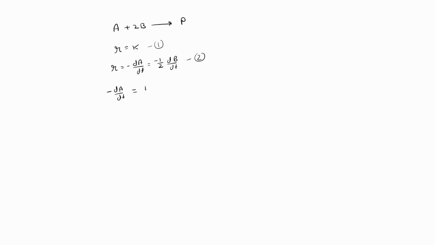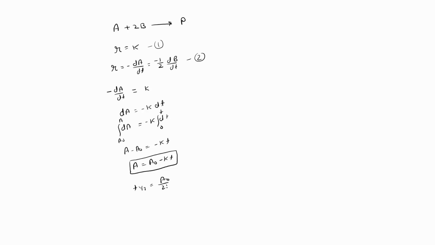So minus dA by dt is equal to k, so dA is equal to minus k dt. Integrate it from 0 to t, A naught to A, so A minus A naught is equal to minus kt, so A is equal to A naught minus kt. Similarly for A gives product, t half is A naught by 2k.